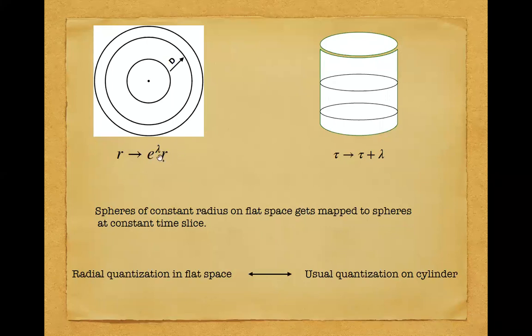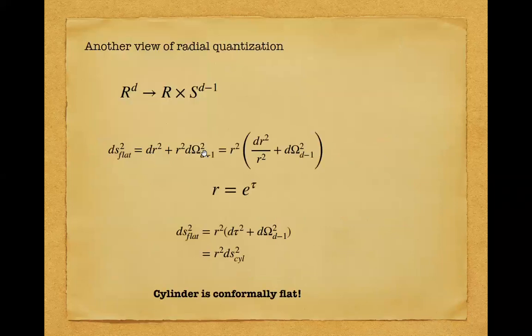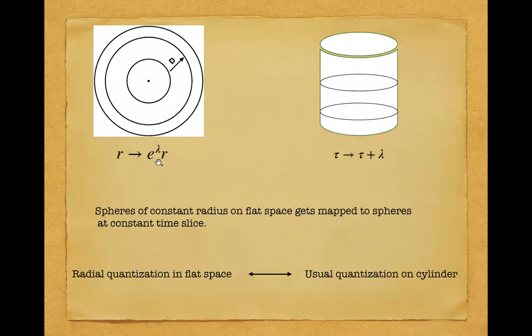Then if you use the mapping that we wrote here, that r goes to e to the power tau, on cylinders it just means that tau goes to tau plus lambda. So it just becomes the usual time translation we see in our usual quantization picture of QFT. So this becomes like time translation, right?